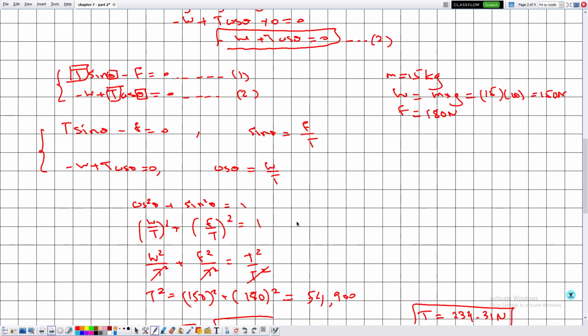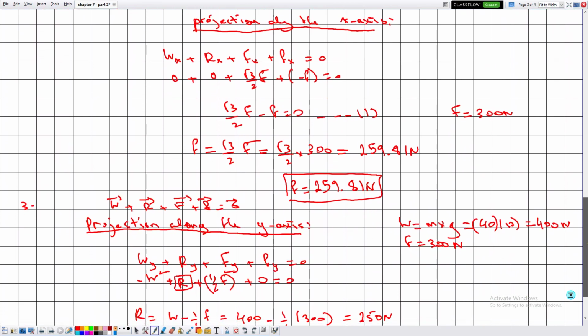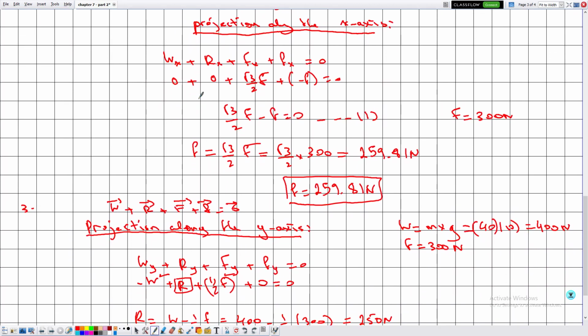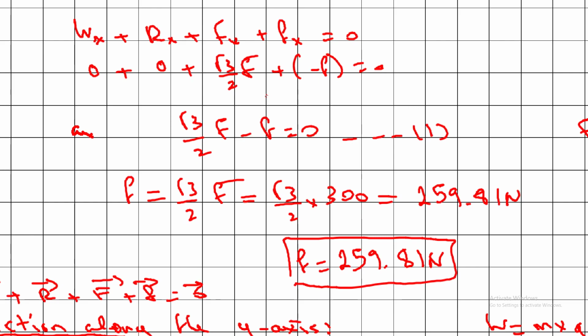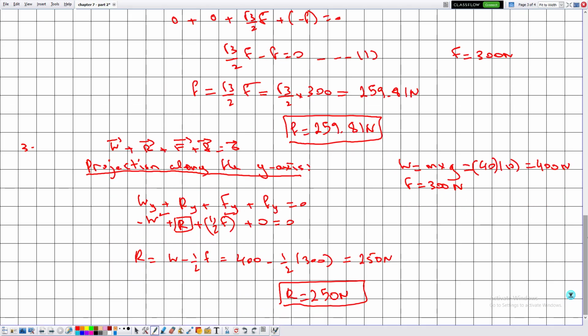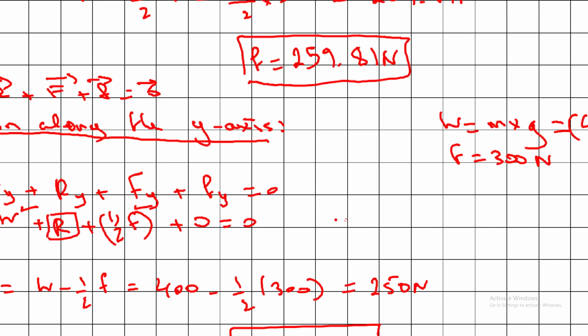But in the second exercise, what happened here is that the projection along the x-axis gave us an equation of the form ax plus b is equal to 0, in which we have one unknown, which is x. Similarly the second equation is also in the form cy plus d is equal to 0, and the unknown is y.